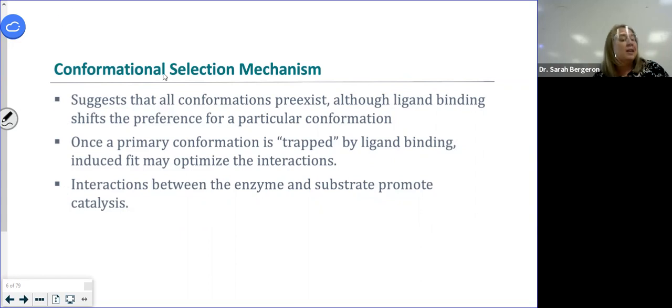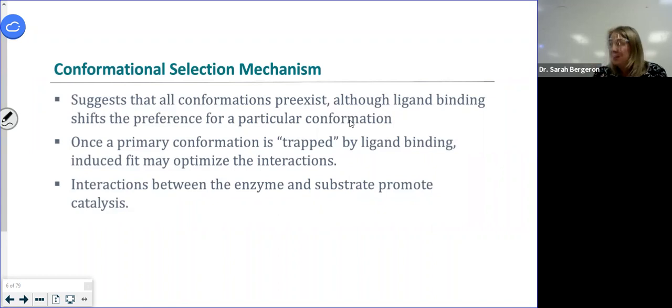But this is an illustration of that concept, where the ligand binding is going to shift the preference for one particular conformation. Then the molecule basically gets trapped by that ligand binding, and we increase the number of interactions that the enzyme is going to have. And it's those interactions that are then going to facilitate the actual catalysis.